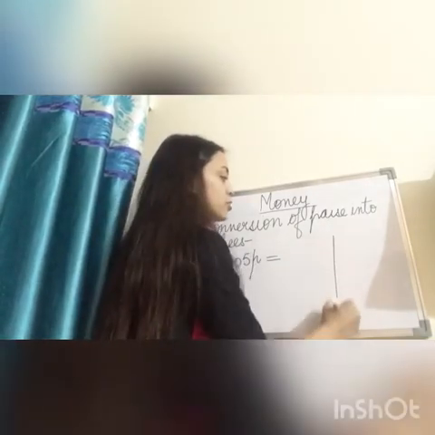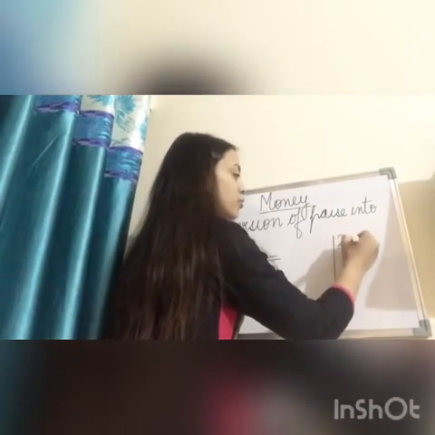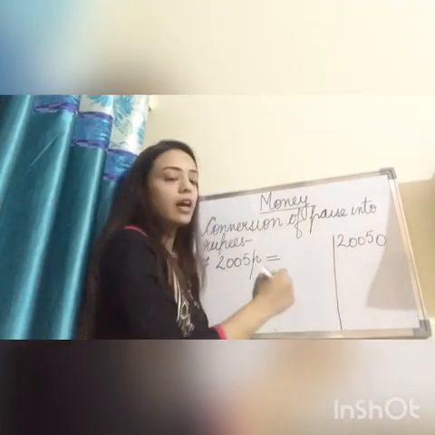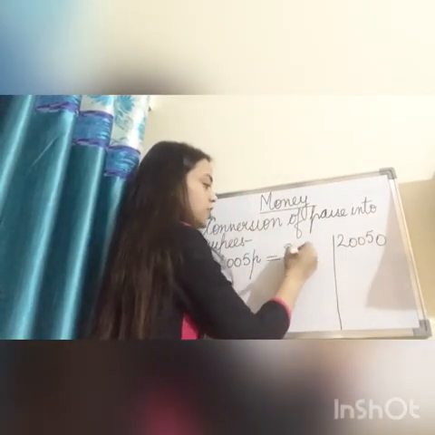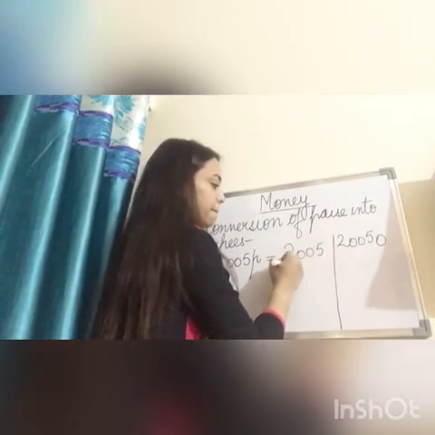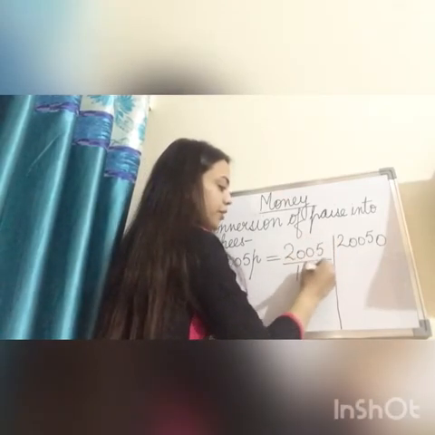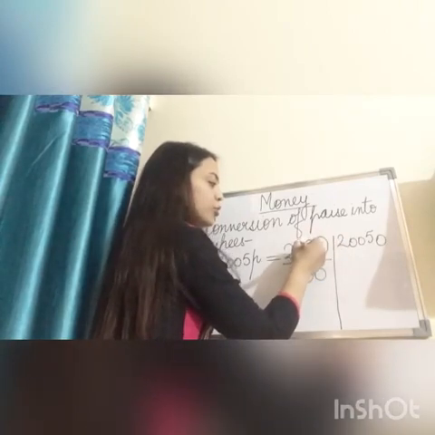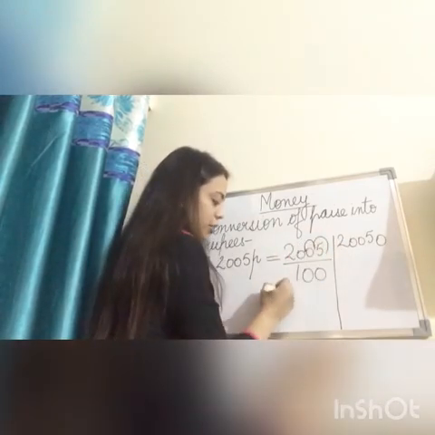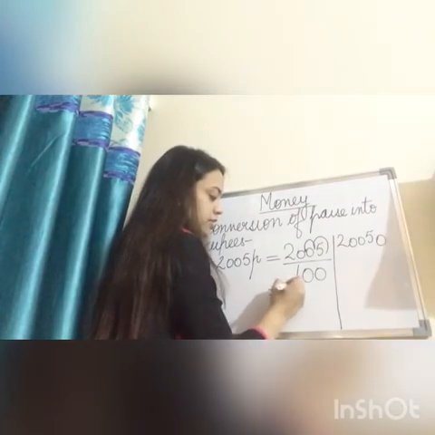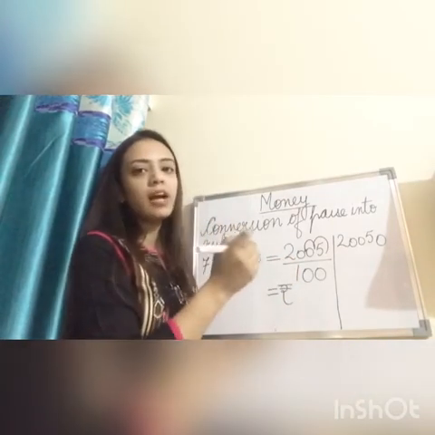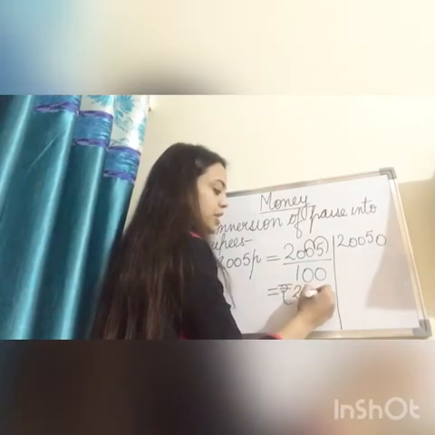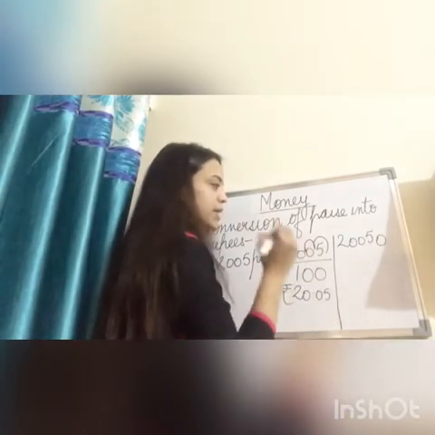If the number were like 2050, then we could cut the 0 which is at the end. 2 zeros are there, 1, 2. So here I have made a darker dot. Wherever the darker dot starts, that means the paise are starting from there. That means 2 rupees and 5 paise.